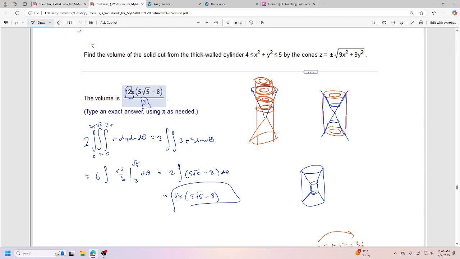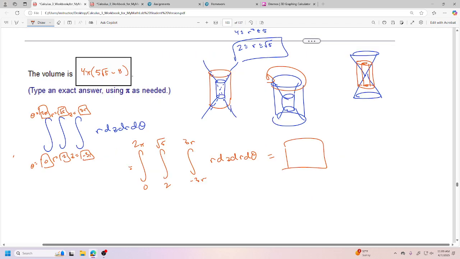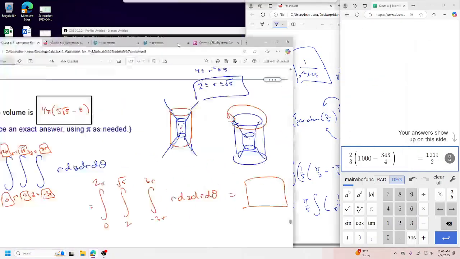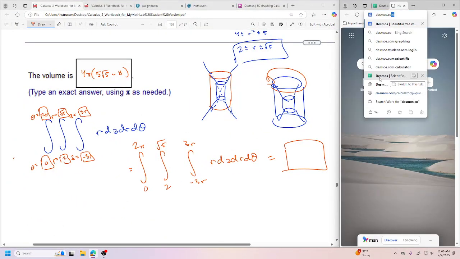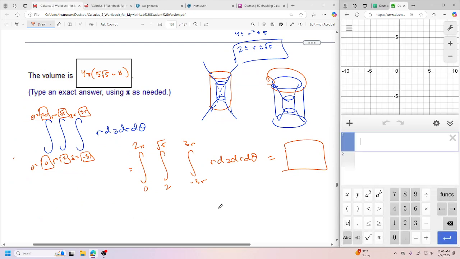I want to show you a technique I was using this morning to see if I can get it right from Desmos. So what I'm going to do is pull up Desmos graphing, and I'm going to do some integration. I want to get that integral to be the same. So 0 to 2 pi, and 2 to square root of 5.